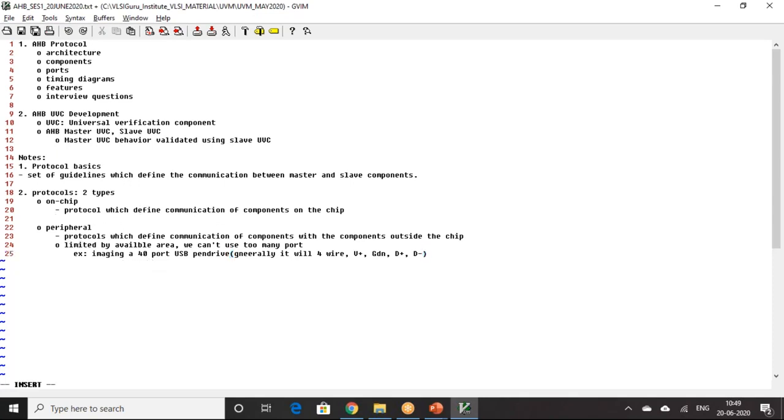Whereas on-chip protocols have no limitation on ports, or on the port size, because the manufacturing, fabrication technology is so advanced that we can keep 1,000 pins in a millimeter of space or even less.